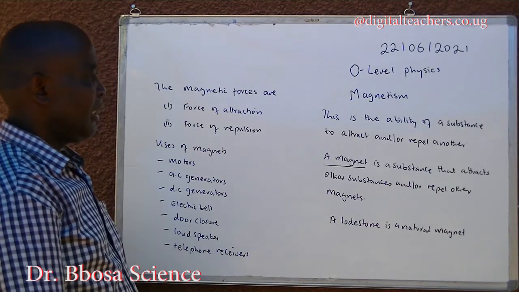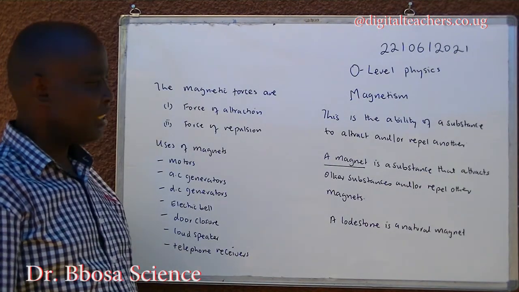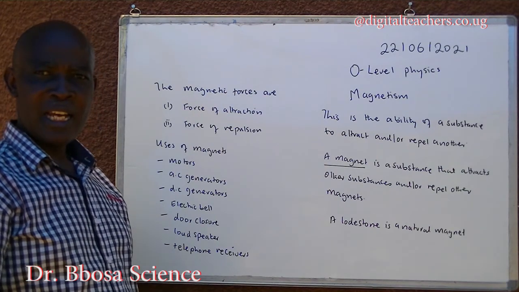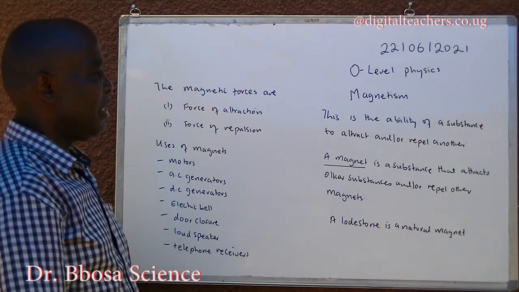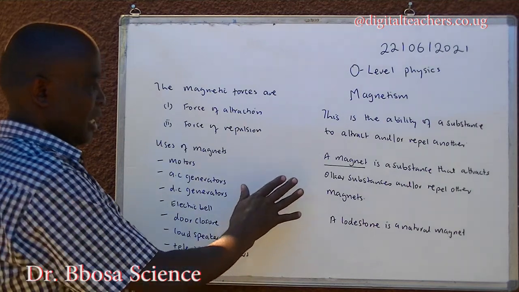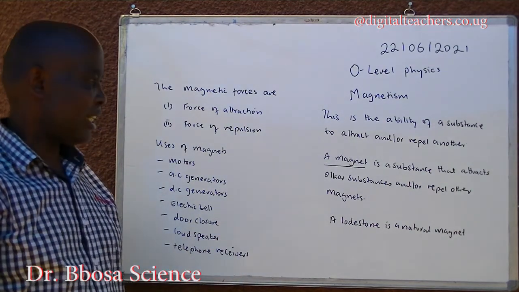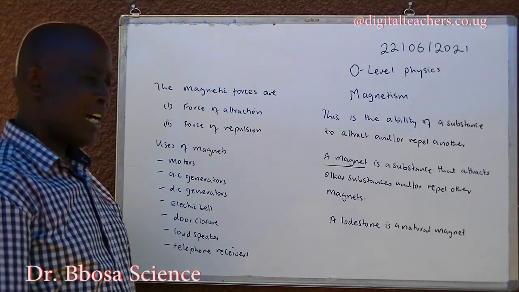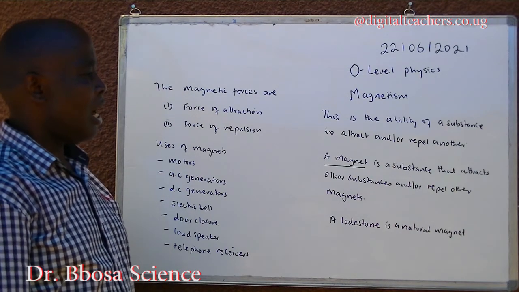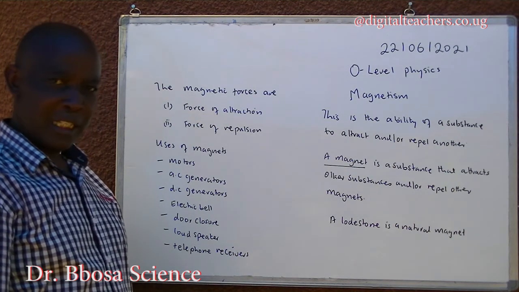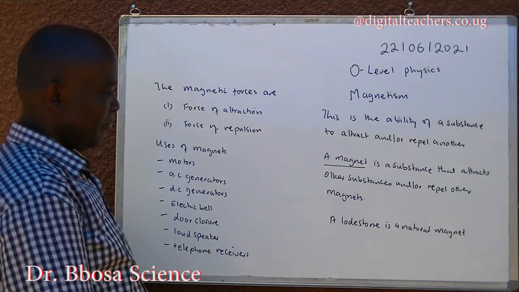Magnetism is the ability of a substance to attract and/or repel another. A magnet is a substance that attracts other substances and/or repels other magnets.